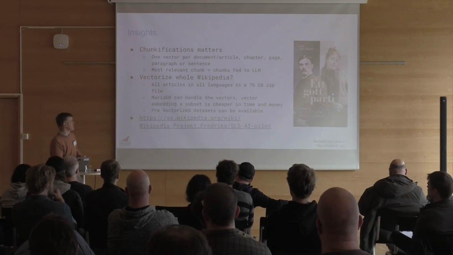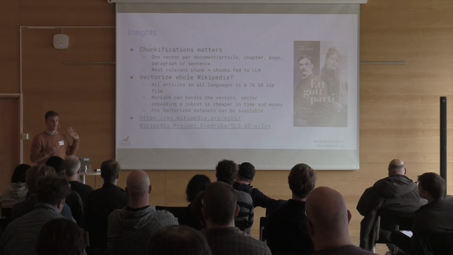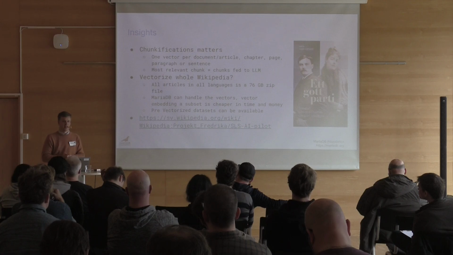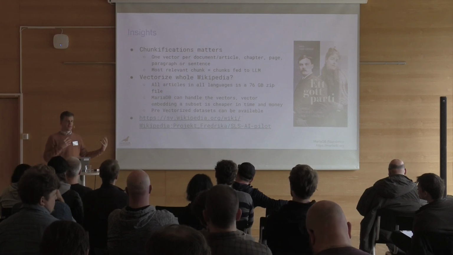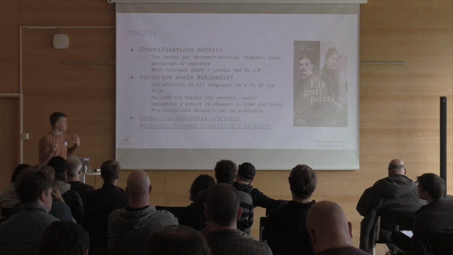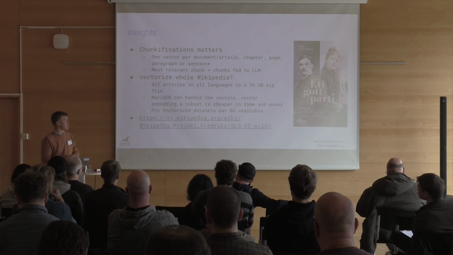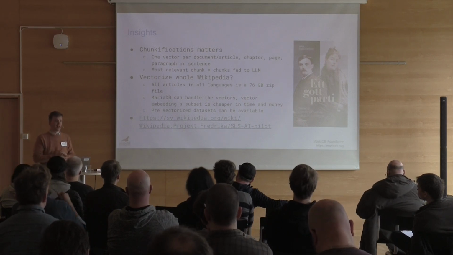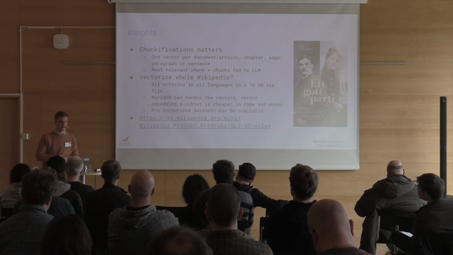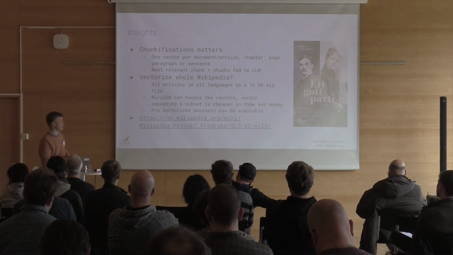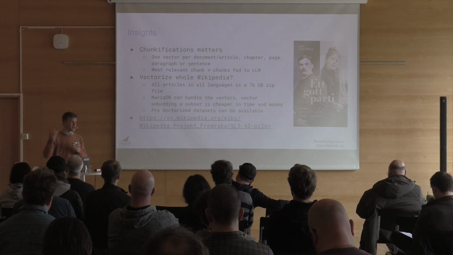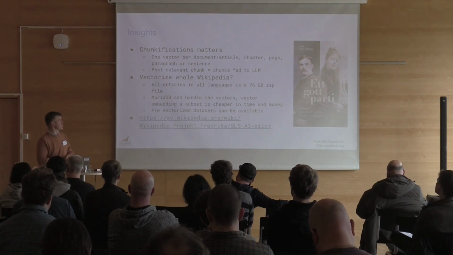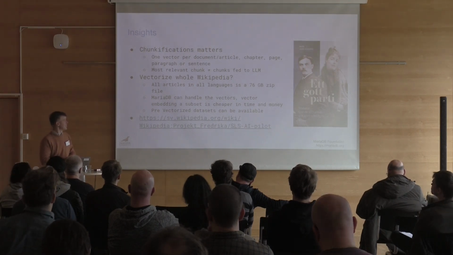And then another point is if you really want to do this vector comparison between a book and Wikipedia, a dump of Wikipedia in all languages is 76 gigabytes at the moment as a zip file. So putting that into a database just to find certain articles is maybe overkill, so do a subset.